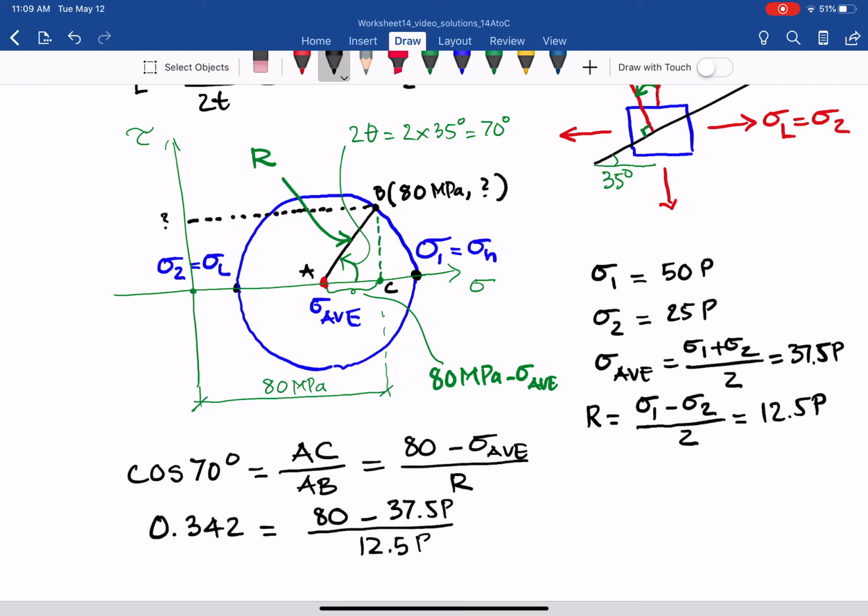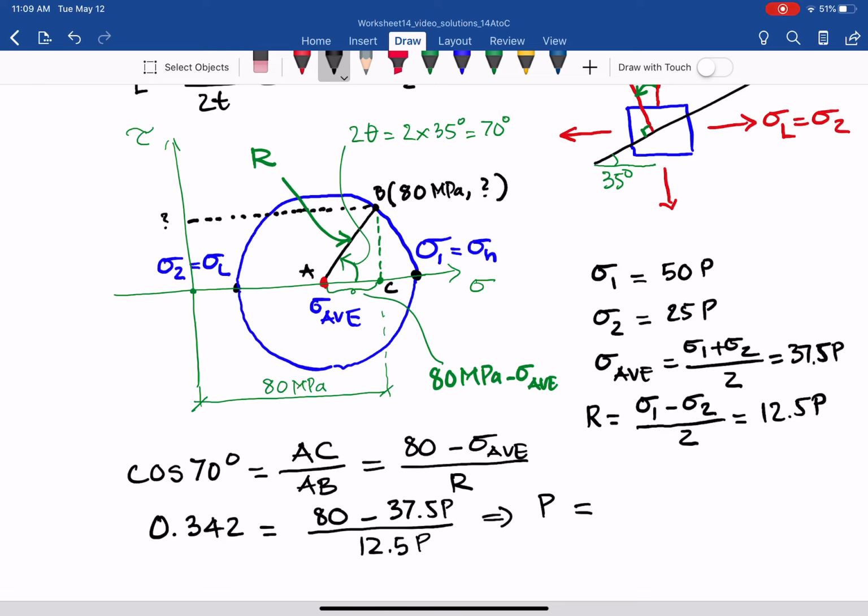So from that we can have p equal to 80 divided by, simplifying that equation, you will get 0.342 times 12.5.